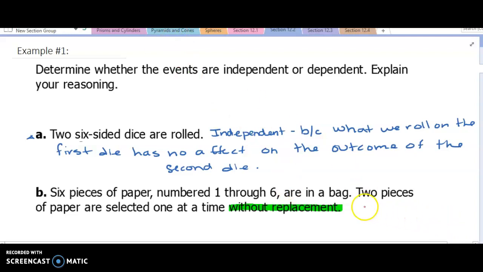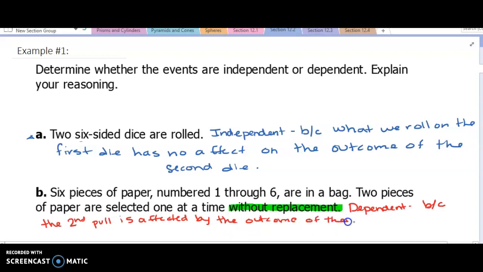This would be an example of a dependent event because the second pull is affected by the outcome of the first. When we pull the second time, there's not as many slips of paper in there, and therefore the probability of pulling a certain number is different than it would be the first time.